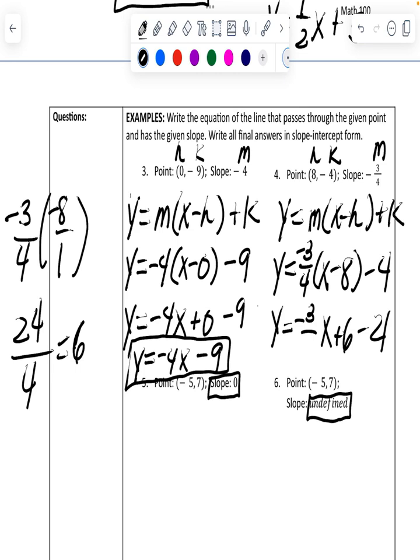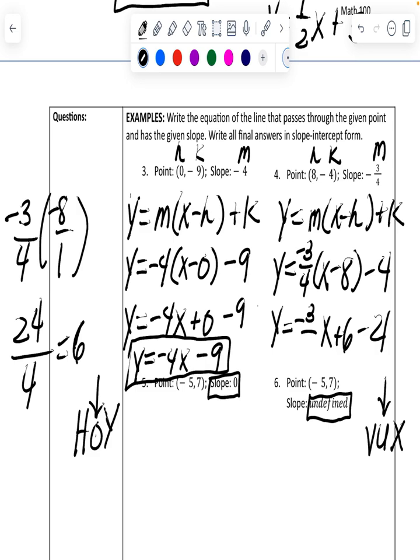So what you have to remember is your horizontal lines have a slope of 0. And your vertical lines have the slope of undefined. Remember, these stand for horizontal, 0 slope, y-axis, vertical, undefined, x-axis.